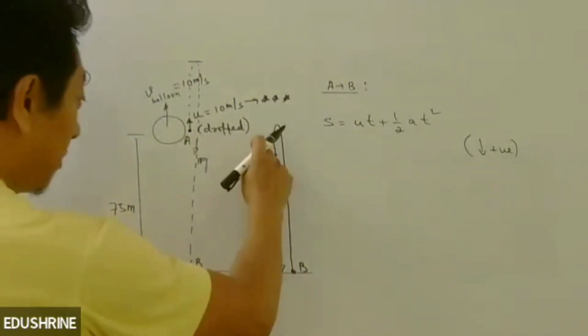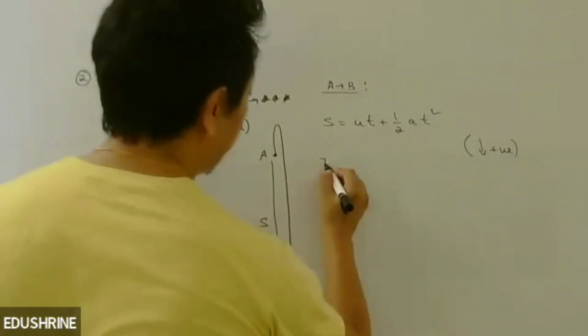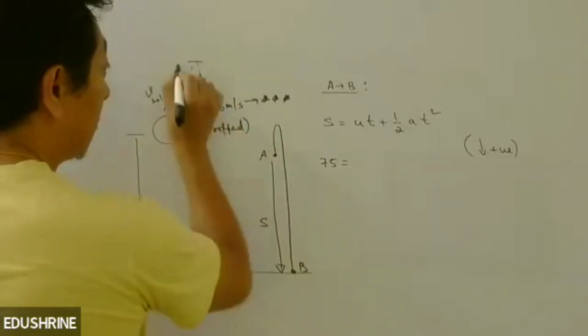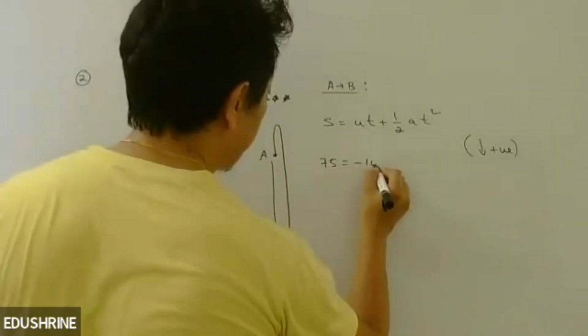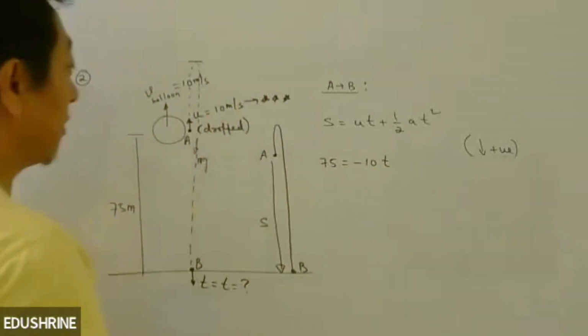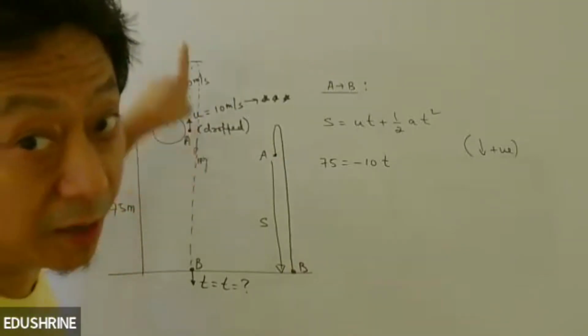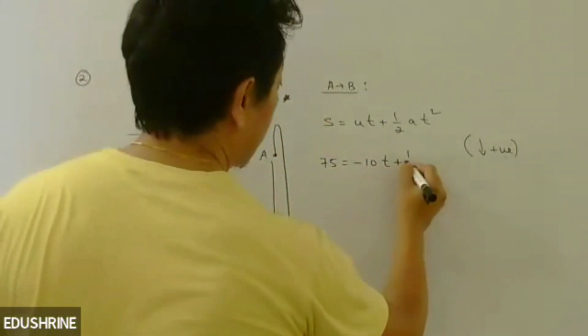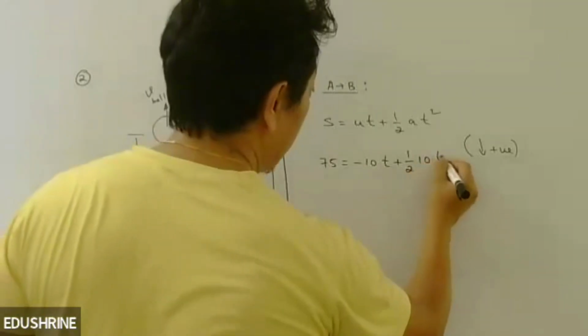Don't forget my style. So what is the displacement? Down, 75. What is the initial velocity? 10 up, so minus 10. I hope you understood why minus, because initial velocity is up and I have taken down positive. Acceleration due to gravity, 10 only I will take.